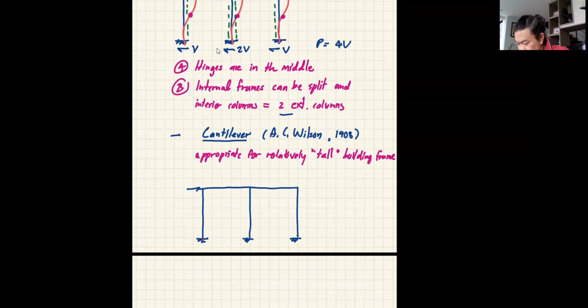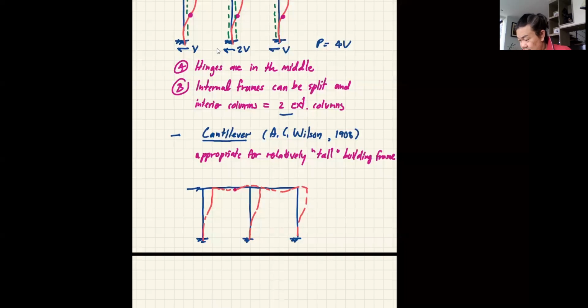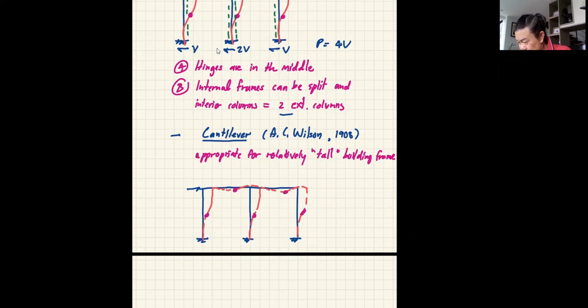Same deflected shape, fixed, and goes like that. You know, I used to have a toy. I still have that toy at CIA to demonstrate the deflected shape of the frame. Wonder why I didn't use it of late. Okay, so it's like that, and you're gonna have the hinge, hinge, hinge, hinge, and hinge, which should be more in the middle. Okay, so again, hinges are in the middle.